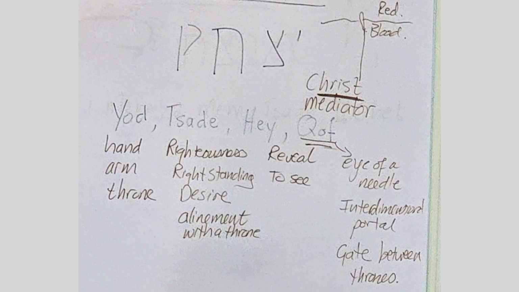So if the eye of the needle is a type of the mediator, we know our mediator is Christ. So it means you have a throne that is in right standing with God. When this throne is speaking, presenting, he reveals Christ.